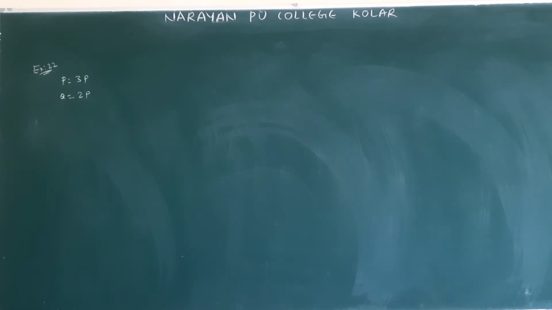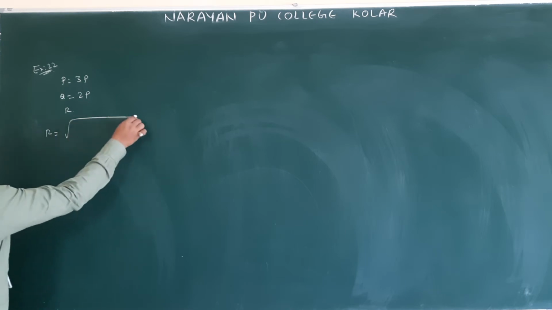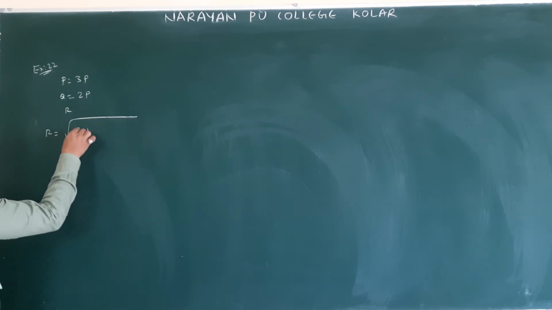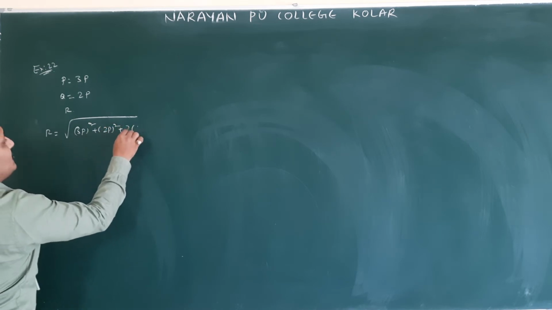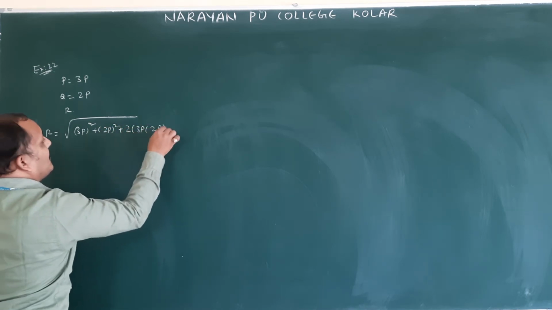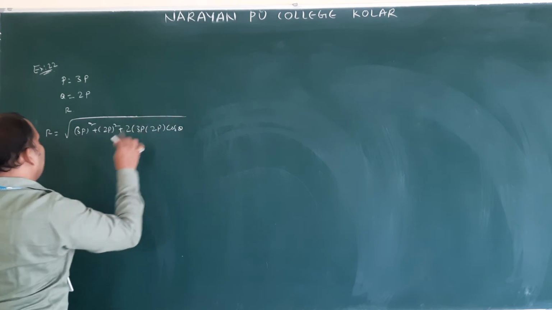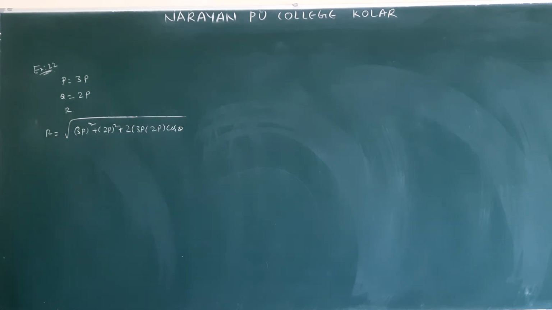Resultant is R. Then what is R formula? R is equal to root of 3p square plus 2p square plus 2 into 3p into 2p into cos theta. So resultant is R.